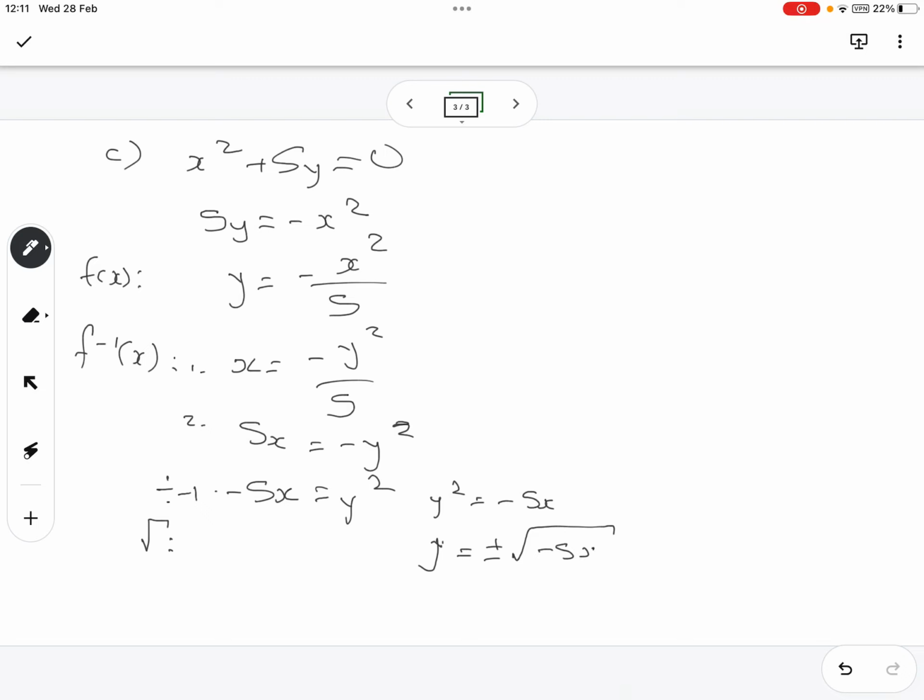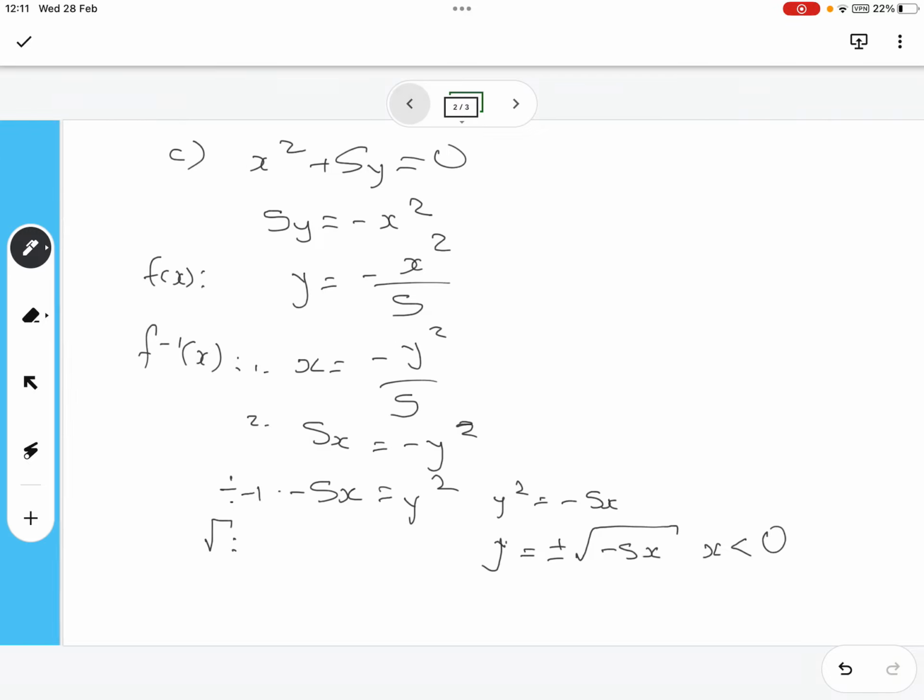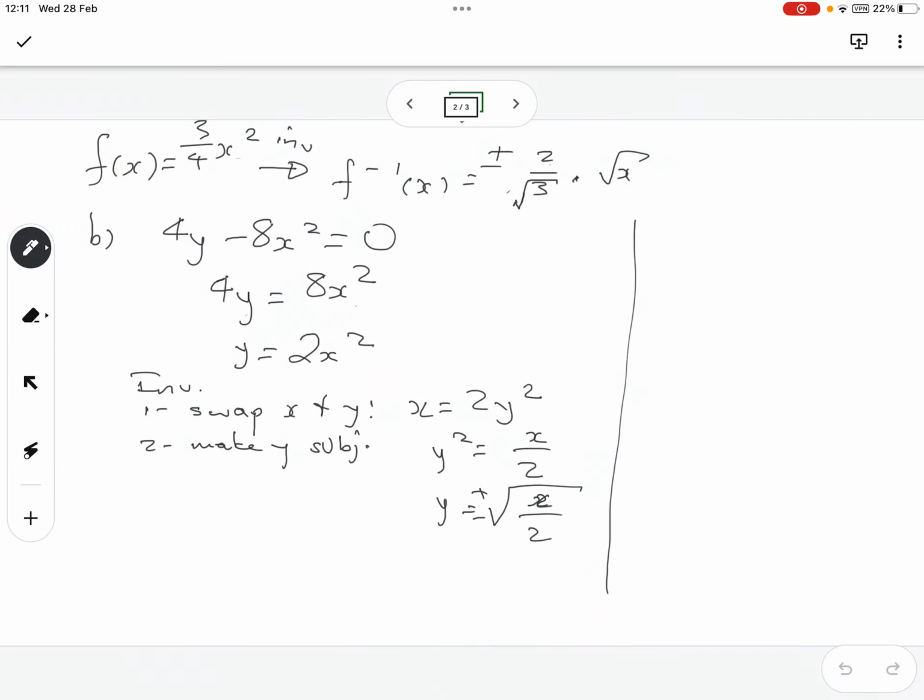But that means x must be less than 0, because if x is positive, we're going to have a negative number under the square root, which is an error. We should probably check the other ones. What are the conditions?